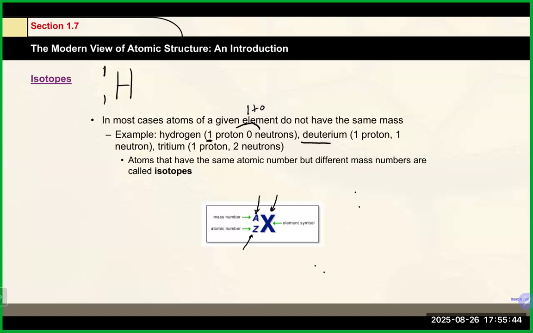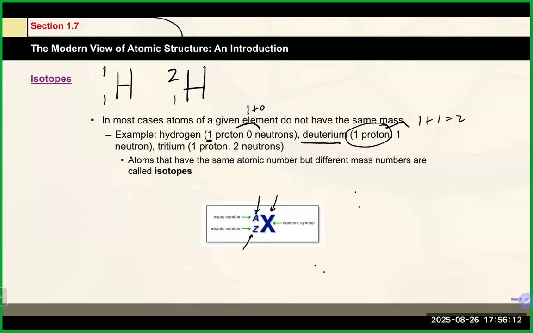Now I come over here, and this doesn't even sound like hydrogen, but what I do know is it has 1 proton, so when I go to the periodic table, even though it doesn't sound like hydrogen, it is hydrogen because it has 1 proton. It also still has 1 for its atomic number. And 1 proton plus 1 neutron gives us a 2 for our mass number. Once again, the top number minus the bottom number, 2 minus 1 is 1, and that gives us our number of neutrons.